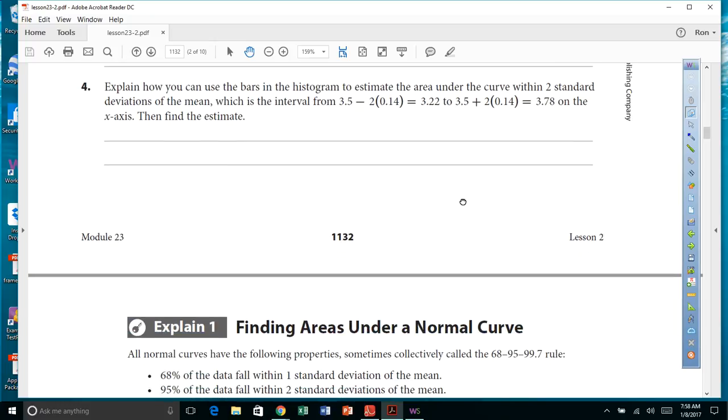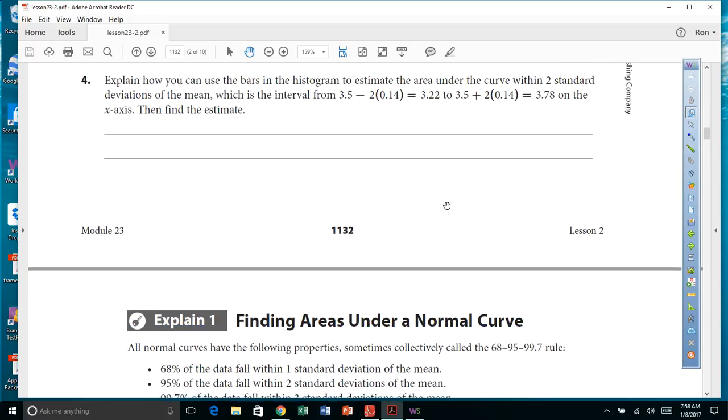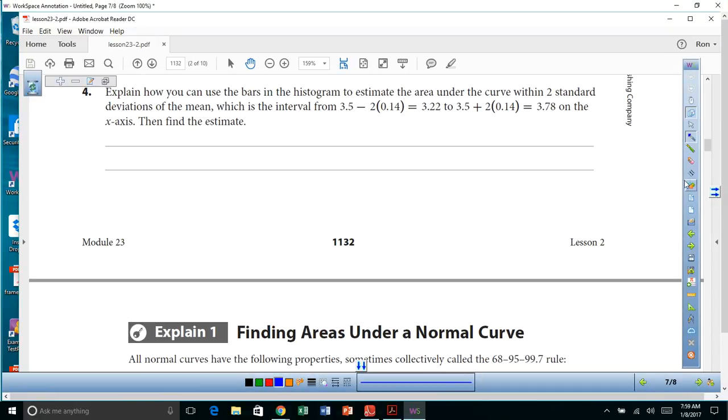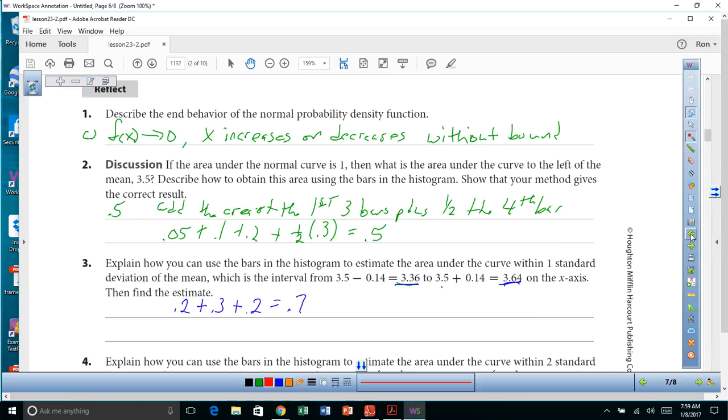And number 4, explain how you can use the bars in the histogram to estimate the area under the curve within 2 standard deviations. Within 2 standard deviations. Let's use a different color here. 2 standard deviations. So that's going to be 3.5 minus 2 times. That's going to be 3.22 to 3.78 on the x-axis. 3.22 to 3.78.